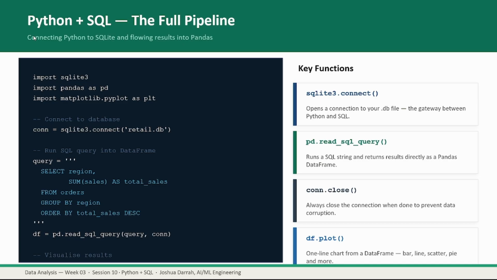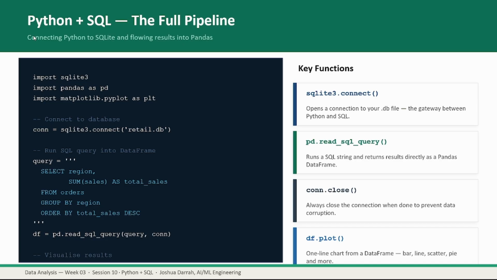Step six, you visualize the results, create a bar chart or a line chart that tells the story clearly. Step seven, you present your insight to your manager or your team. So you see, every single step is connected. Database to SQL to Pandas to analysis to visualization to business insights.